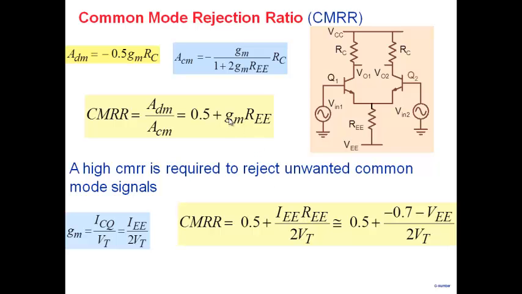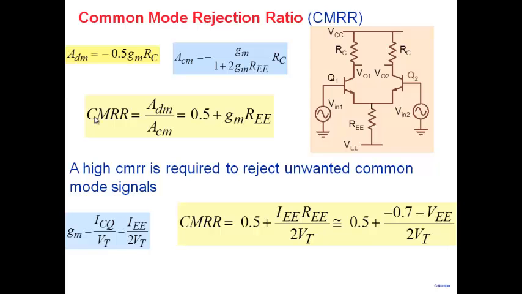We take the value of GM that you see here, IE by 2VT, and we put it here. Then IEE times RE, we can write it as minus 0.7 minus VE by 2VT. Note that the drop here in this branch, this is minus 0.7 here, and this is VE here, so we can write it here. So it actually does not depend on the value of RE.